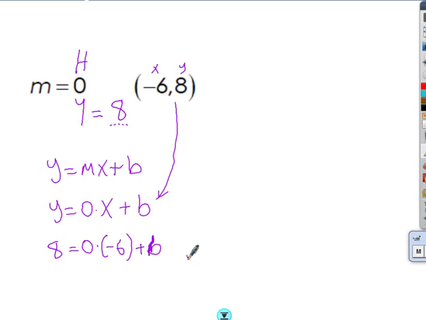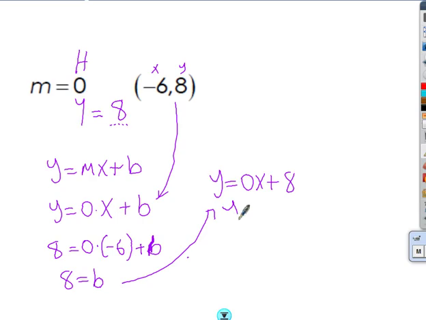Then we will have 8 is equal to b value, and I can write my equation as y is equal to 0x plus 8, which will be essentially y is equal to 8. So when we have a Hoy case, horizontal line, 0 slope, equation of the line is going to be y is equal to the y value, 8.